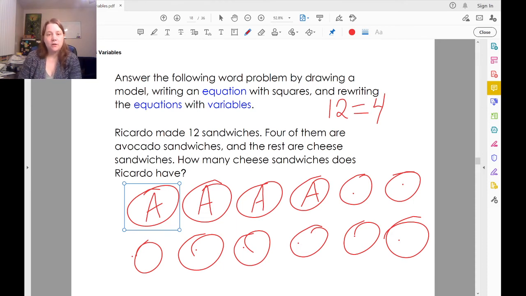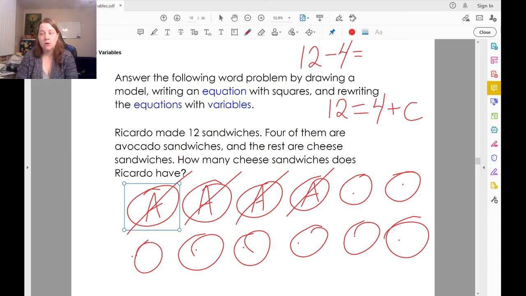The rest are cheese. So if we take these out, we just have the cheese ones. 4 plus C. Or you can say 12 minus the 4 would be how we would solve that. Does that make sense? I don't know why I just asked that question to a video. Let's move on.